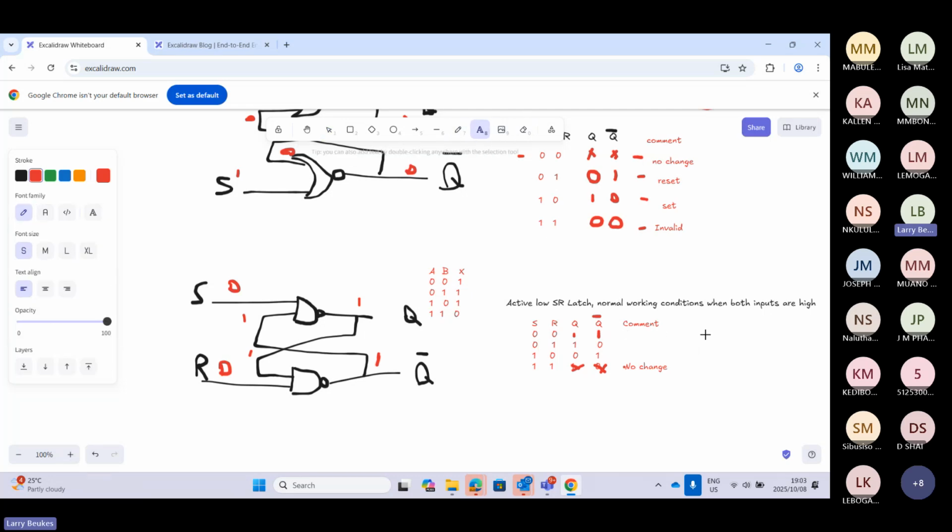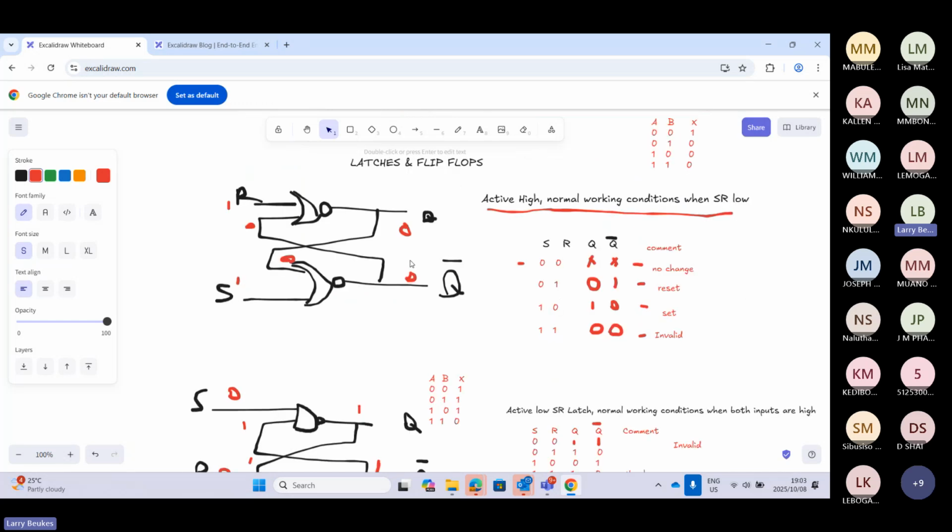Invalid again. Invalid, right? Because both the inputs are high, so they can't be high. So here both the outputs are high. Here both the outputs were low, so that's why it was invalid.